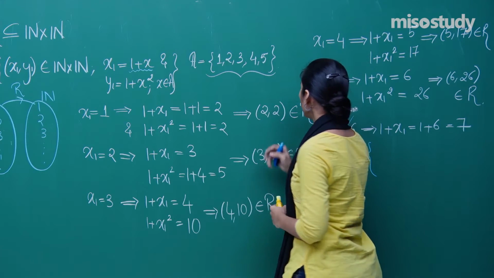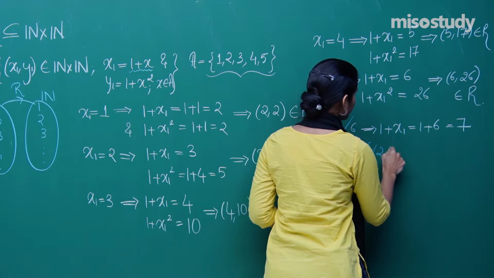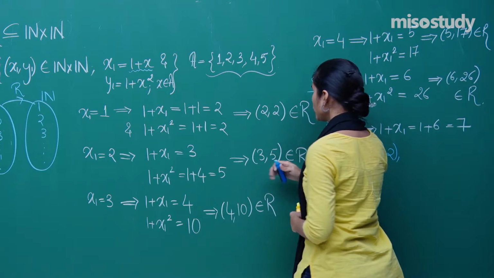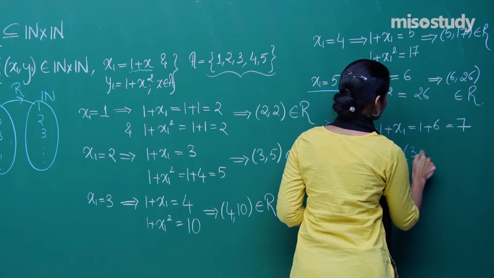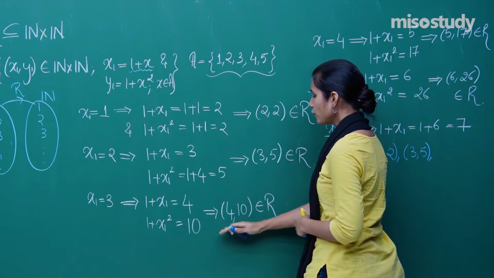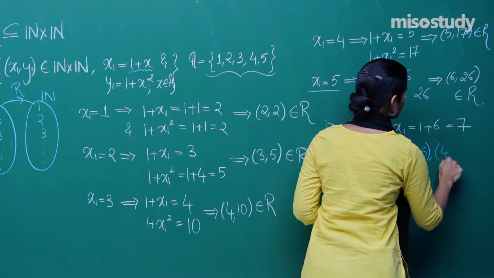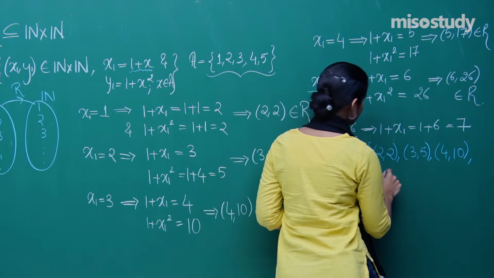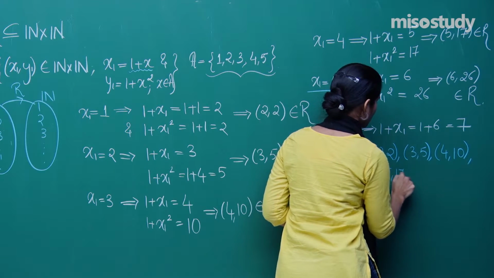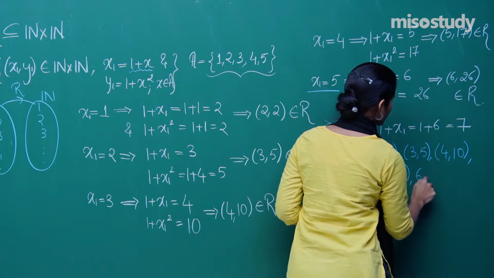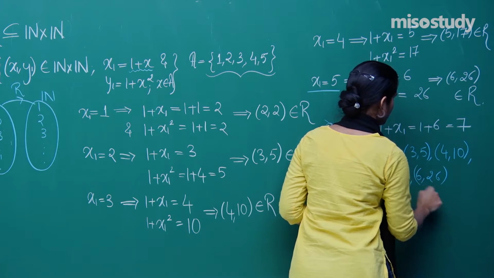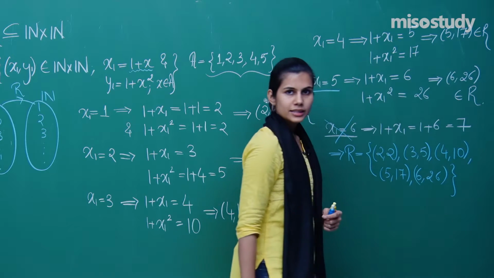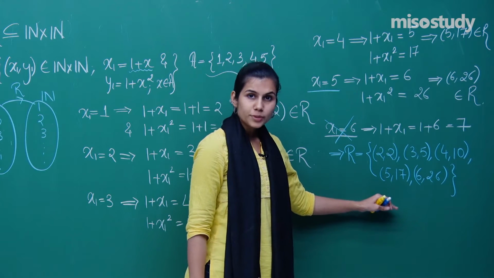(2, 2), (3, 5), (4, 10), (5, 17) and (6, 26). That is what it comes out to be.